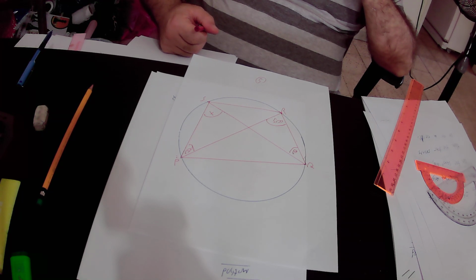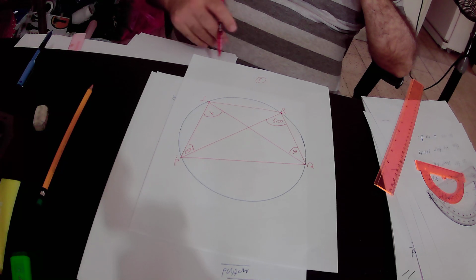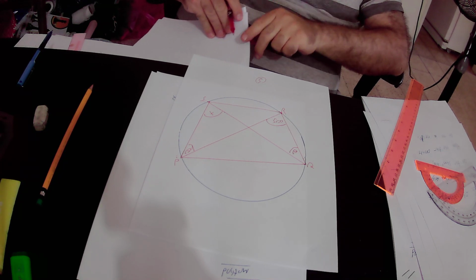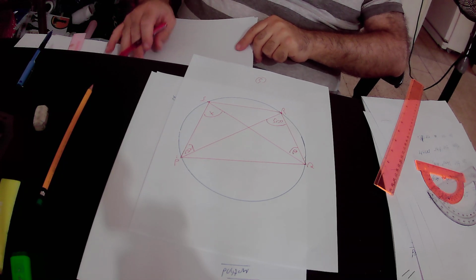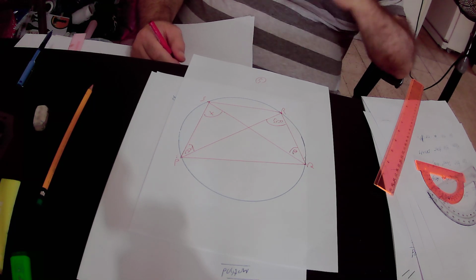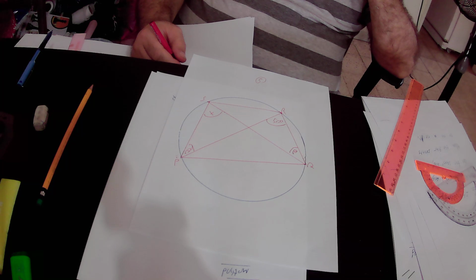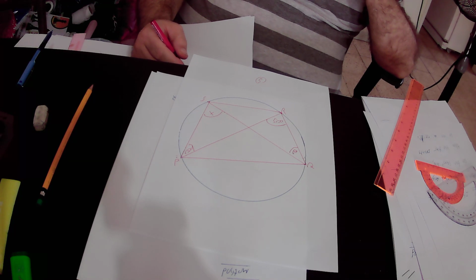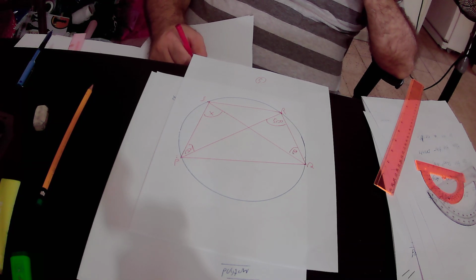And we actually have another rule that states that peripheral angles that subtend the same chord are equal to each other. Okay?